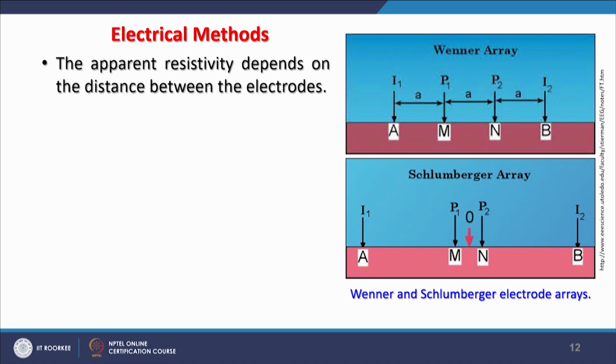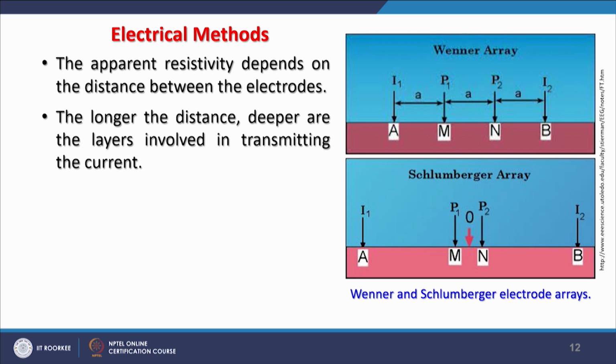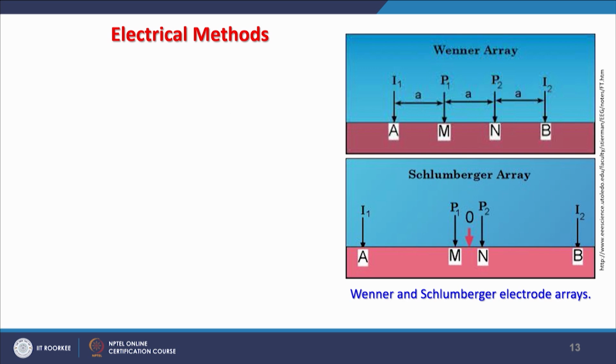Of course, the distance between these electrodes, how they are arranged. Another important point, which I have briefly touched on earlier, is the longer the distance, the deeper the layers involved in transmitting the current. But the signals which will come at these potential electrodes would be very little. So, one has to either amplify these signals or use some other methods.